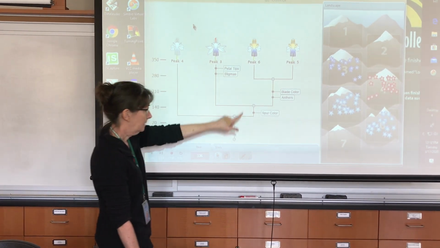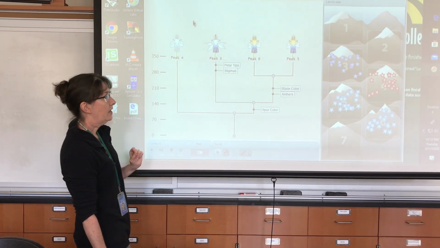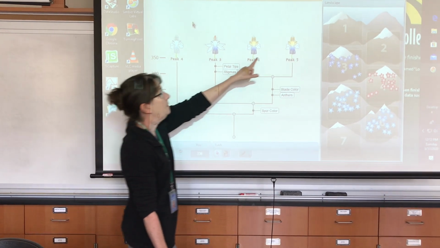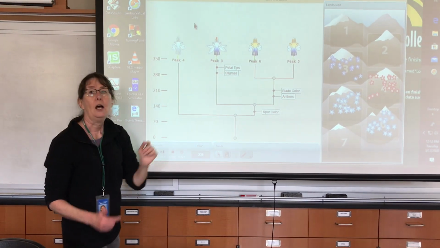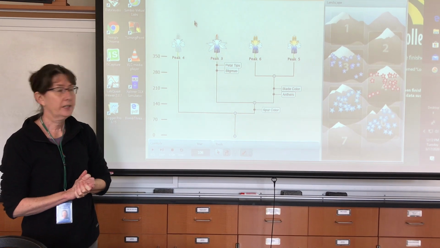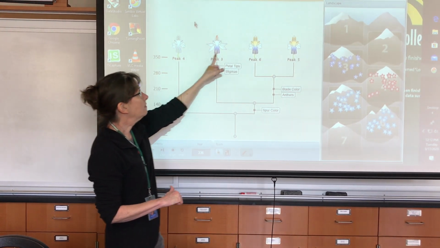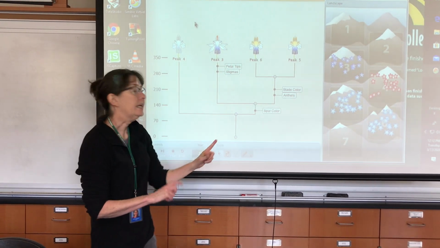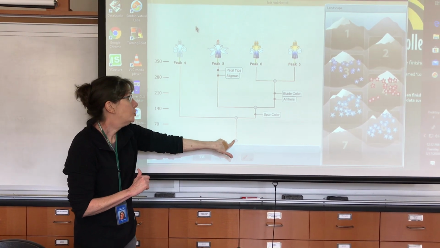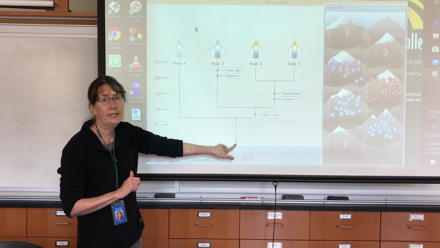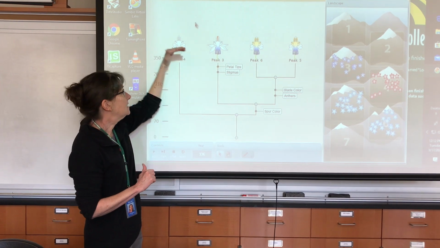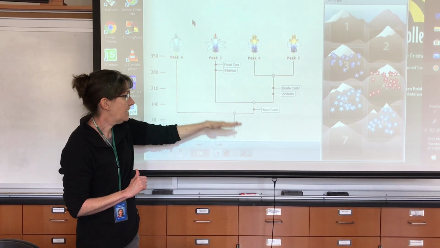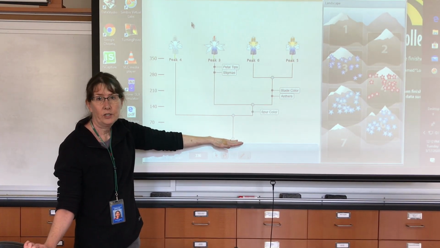Peak 6 to the original, 350 years. And peak 5 to the original, also 350 years. All 4 of these peaks are equally related to the original ancestor because the same amount of time has passed to get to that original ancestor.